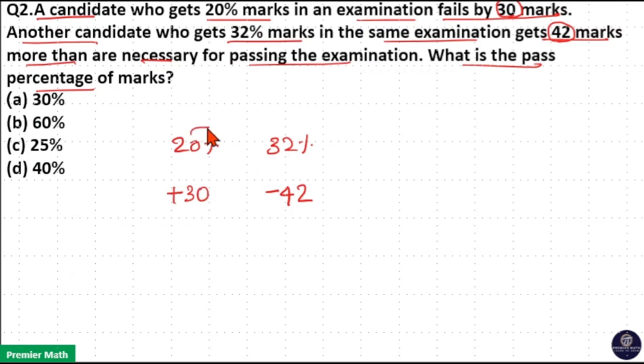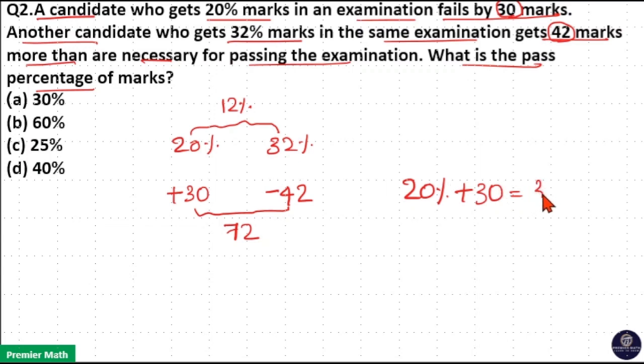Here, difference between 20% and 32% is 12%. And here one is positive and one is negative, so difference between 30 and minus 42 is 72. If you have doubt in this, you can write 20% plus 30 is the pass mark, which is equal to 32% minus 42.